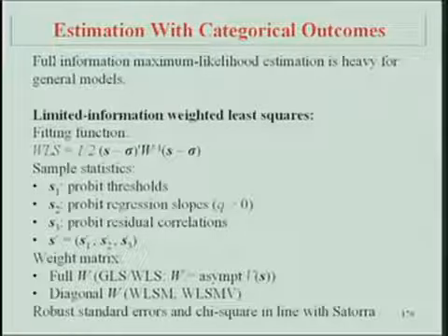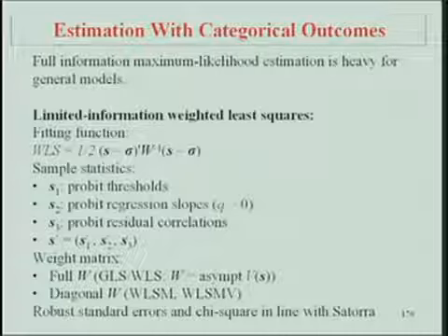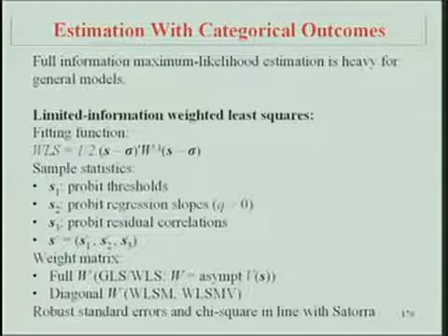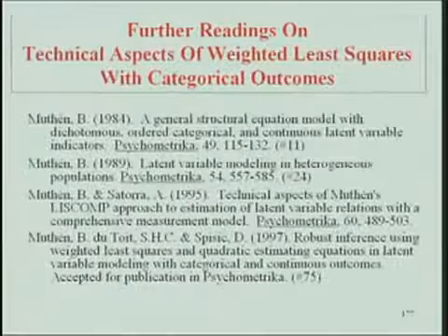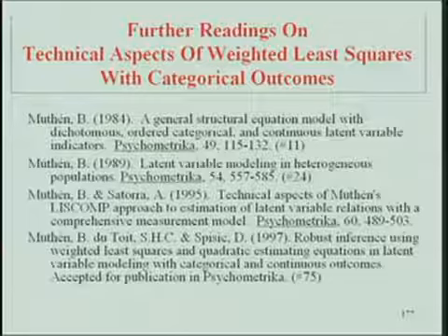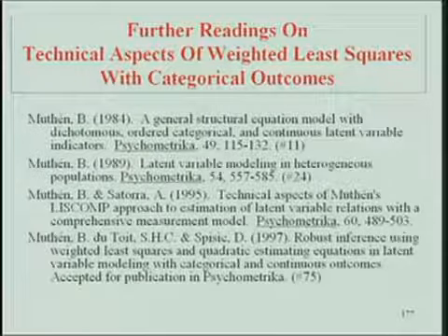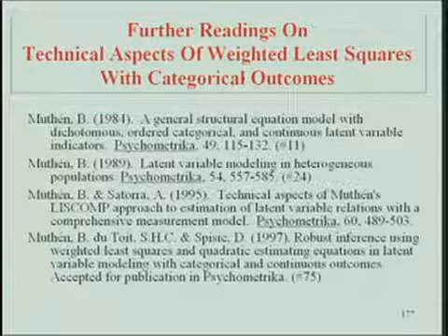Mplus uses instead a diagonal weight matrix, which is easier to work with, much faster, and much more robust both statistically and computationally. That you can read about in my 1984 paper, if you're technically oriented, and even more technical, the paper together with Albert Satorra.